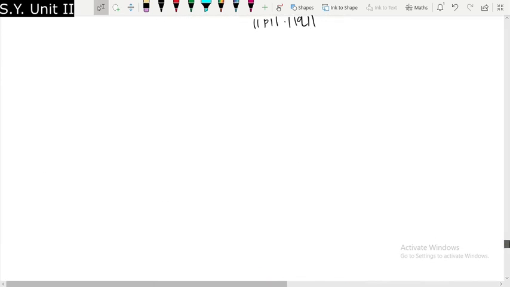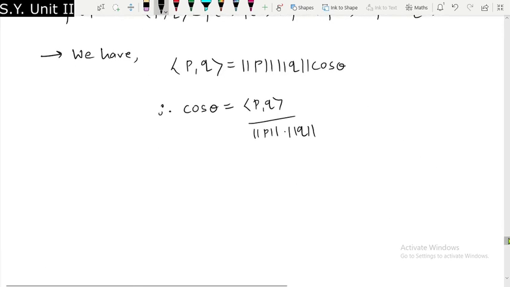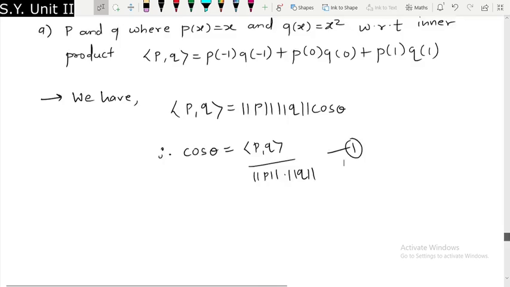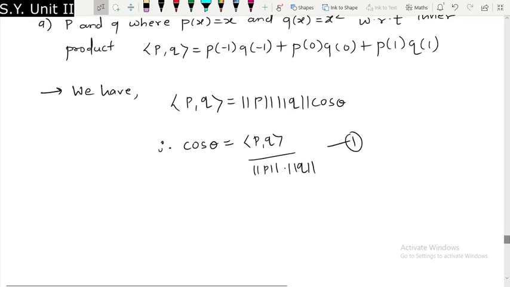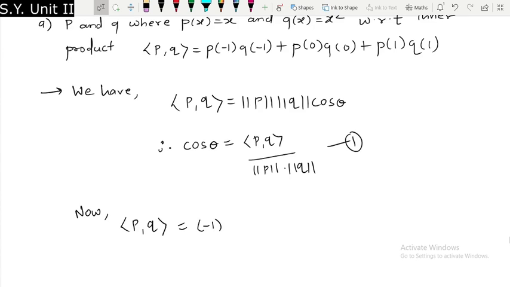I will call it equation 1. Let us first find the inner product of p with q. Now, what is p of minus 1? Since p of x is given to be x, p of minus 1 will be minus 1, and q of minus 1 will be minus 1 squared, plus p of 0 will be 0, therefore the entire term will be 0. p of 1 will be 1, q of 1 will be 1 squared, which is again 1.